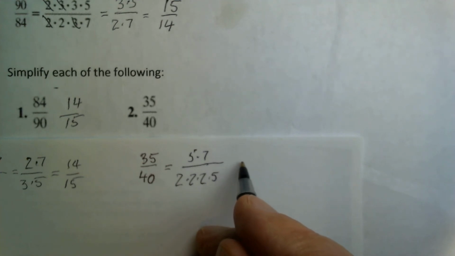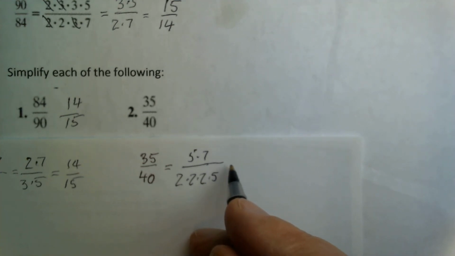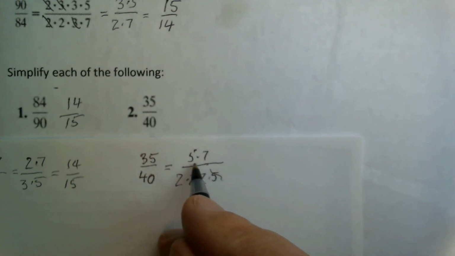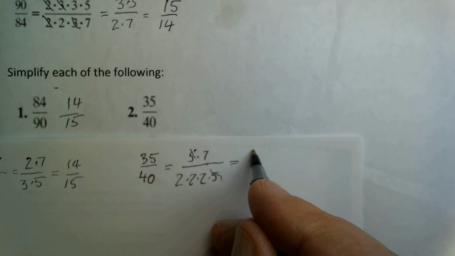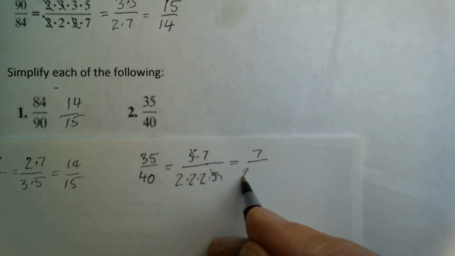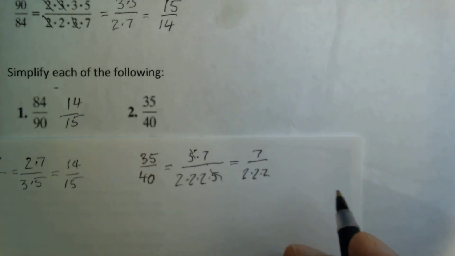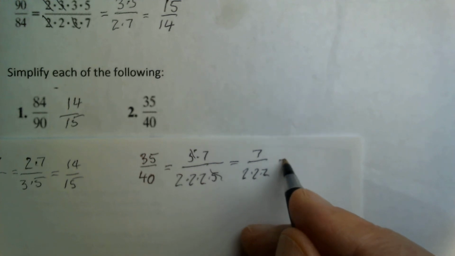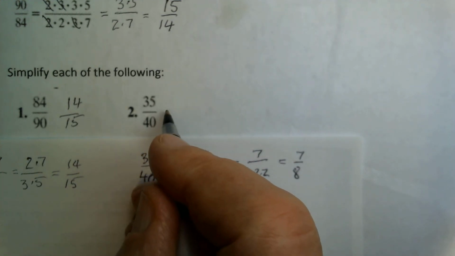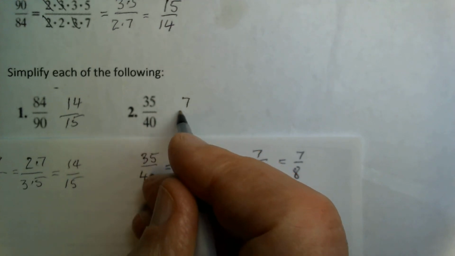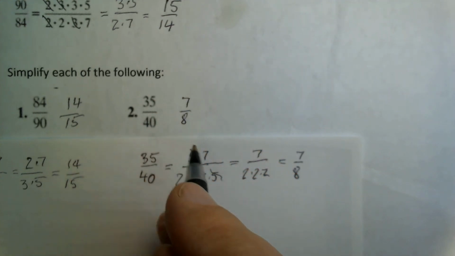So the 5's cancel, and what's left in the numerator is the 7. In the denominator we have 2 times 2 times 2, which is equal to 8. So the answer is 7/8 for this expression. 7 divided by 8.